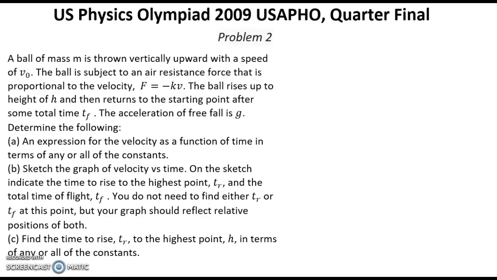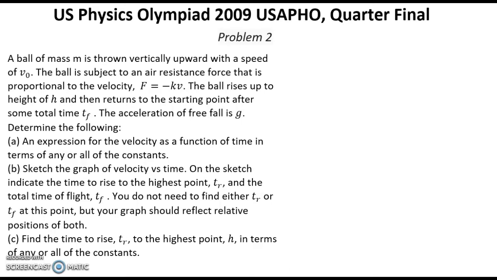Hello everybody. Today we will discuss problem number 2 from the US Physics Olympiad, year 2009, USAPHO Quarterfinal. So the problem. A ball of mass m is thrown vertically upward with a speed of v0.